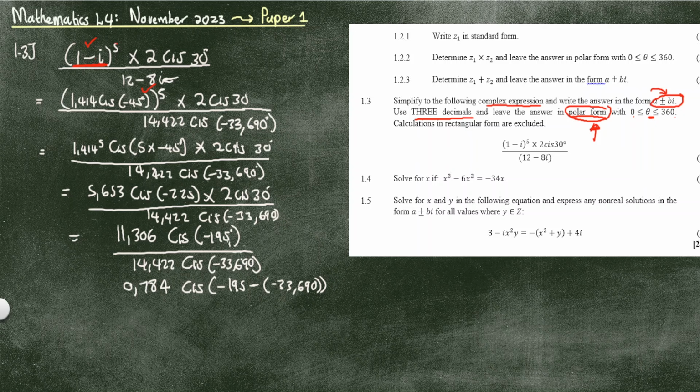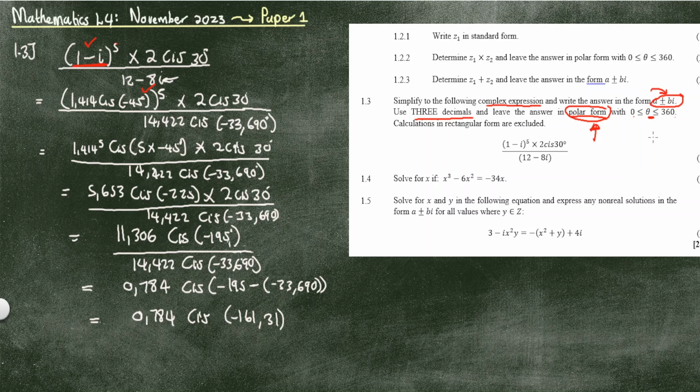The answer is minus 161.31. So it's going to be equal to, for 3 marks, I've done a lot now, 0.784 cis of minus 161.31.